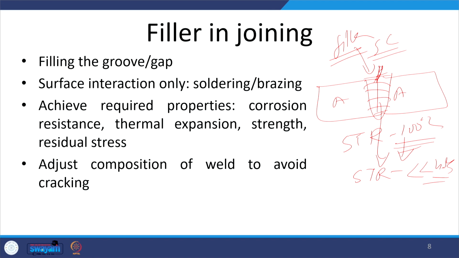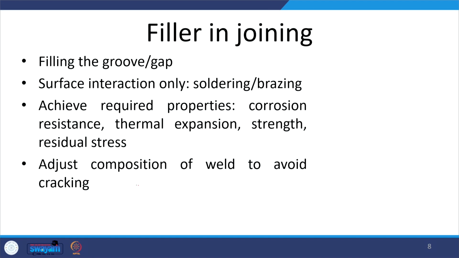So if the composition is adjusted such that the solidification temperature range is reduced, then our solidification cracking tendency will be reduced. So sometimes the filler metal is selected in such a way that the STR, the solidification temperature range, is reduced in order to avoid cracking of the weld joint.